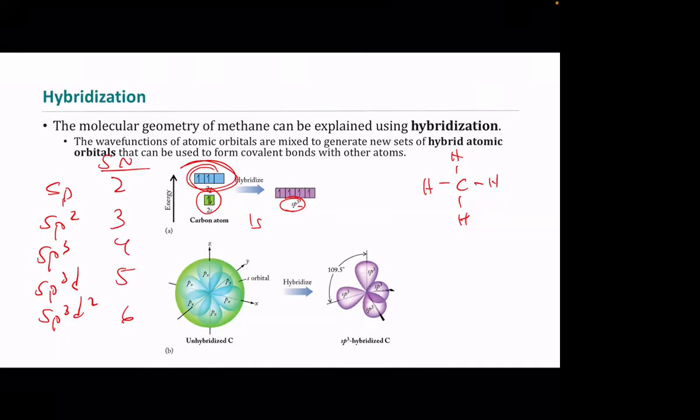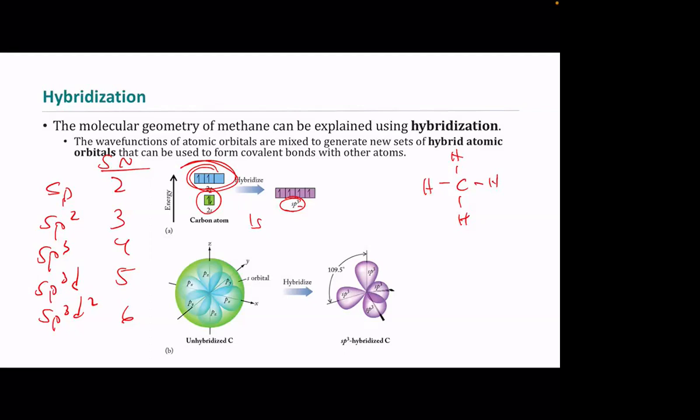Okay. Now, another limitation of this theory, let me just tell you, it doesn't treat bonded and non-bonded electrons any differently. Okay. So methane has 4 sp3 bonds, right?